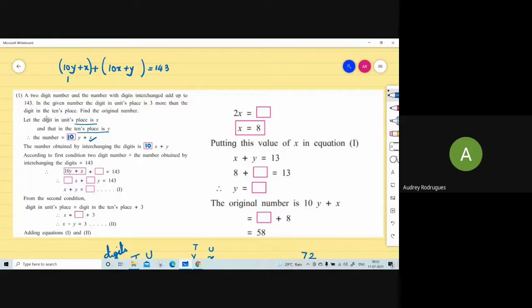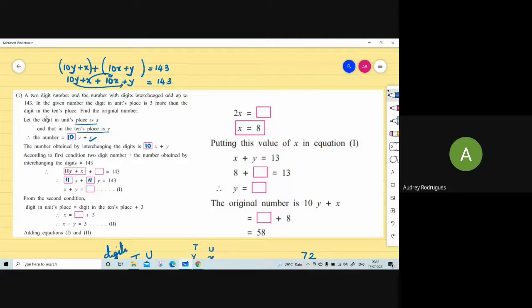When you open the brackets, you have 10y plus x plus 10x plus y is equal to 143. So that will give you y plus 10y, 11y, and x plus 10x, 11x is equal to 143.